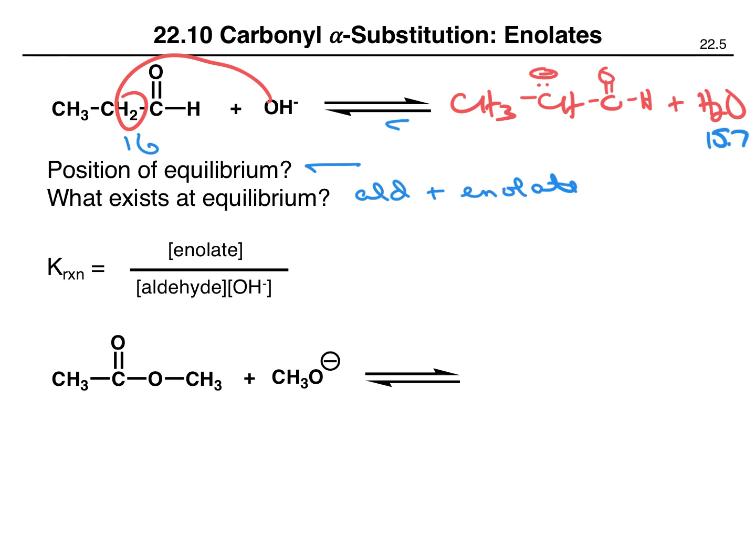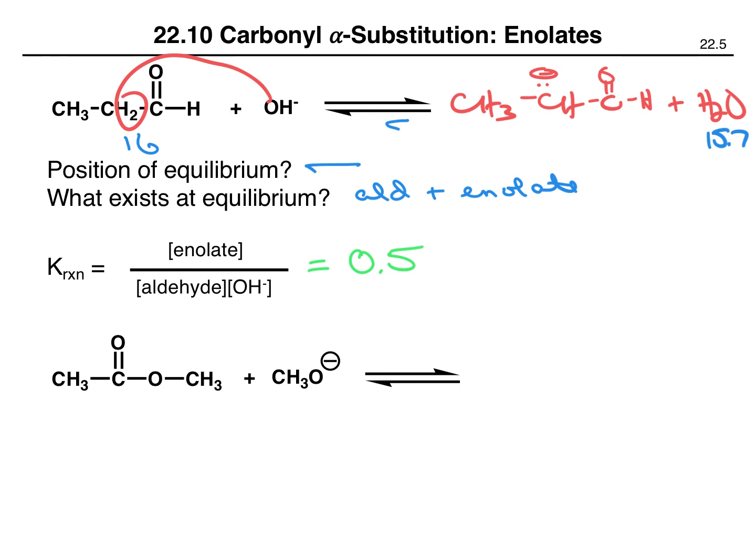But what if we need to focus quantitatively? Okay, how much do we actually have? Well, let's think about the equilibrium constant for this reaction. So the capital K, this would be equal to the concentration of enolate, we don't use water, divided by the concentration of aldehyde times the concentration of hydroxide. And what's been shown experimentally for this particular reaction is that the equilibrium constant is equal to 0.5.